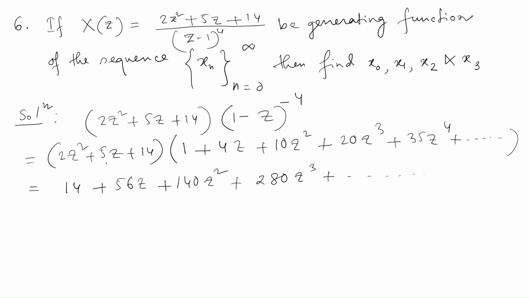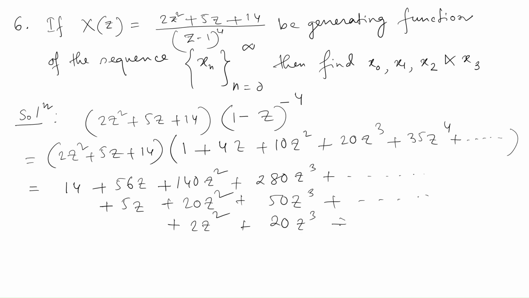Next with 5z. So here plus 5z and then 20 z square and then 50 z cube and so on. Next with 2z square, so plus 2z square then 20 z cube and so on.